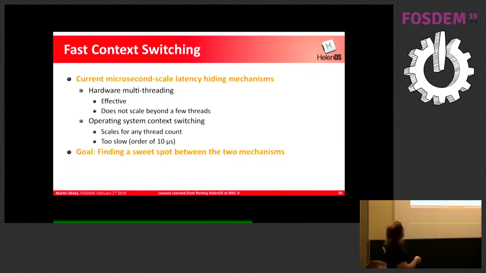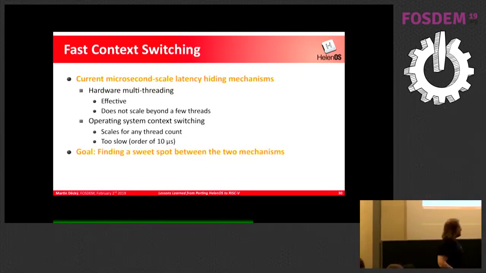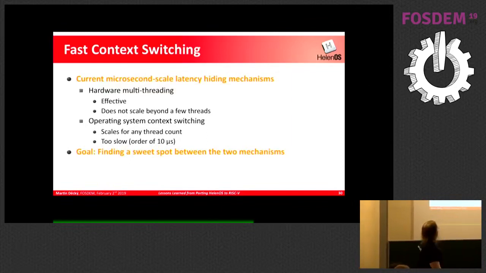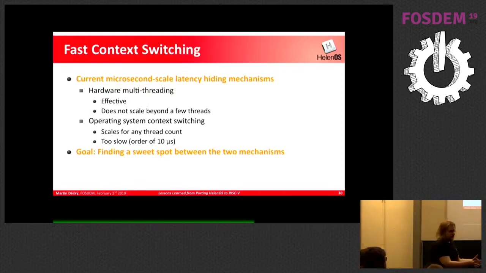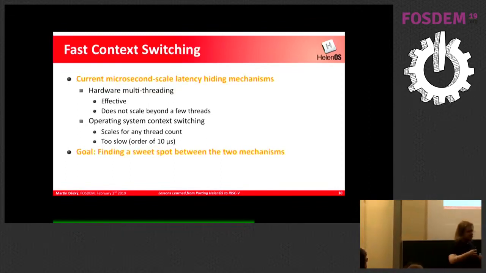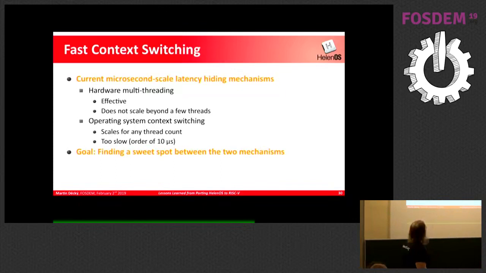But what about the microsecond latencies of context switching? There are mechanisms to solve this, like hardware multithreading, which is very effective, but usually in current CPUs you have just a fixed number of hardware threads, and you have to use software-based context switching to have more.